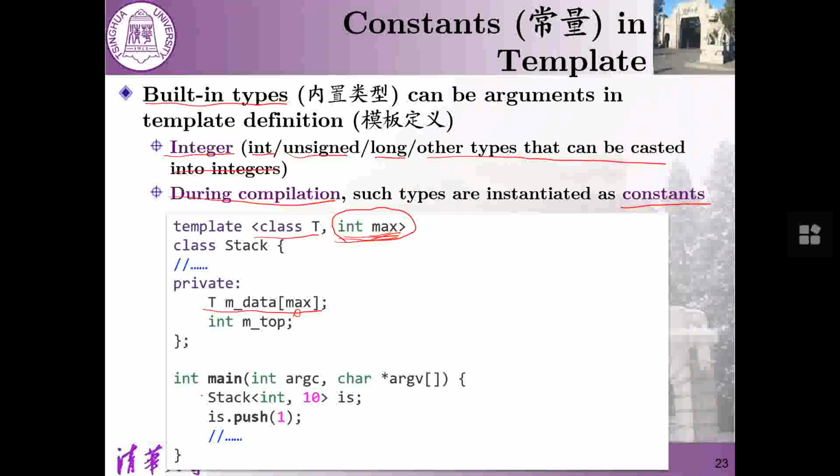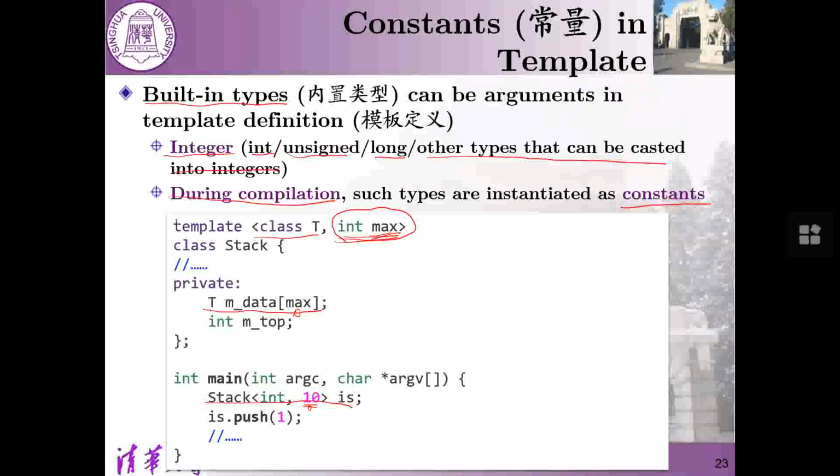Then we will use it in this way, right? We provide an integer here to constrain the size of the stack, the maximum number of elements in the stack. So this will be passed into the template as a constant.